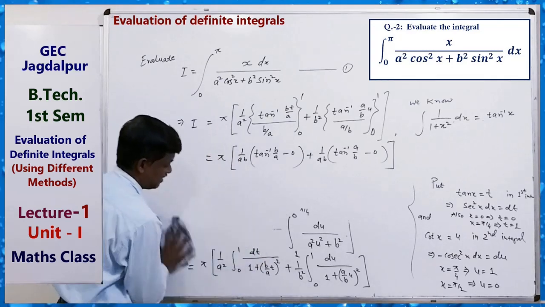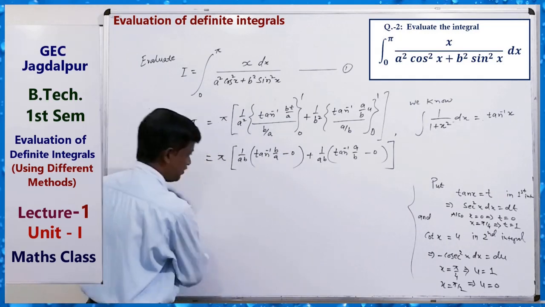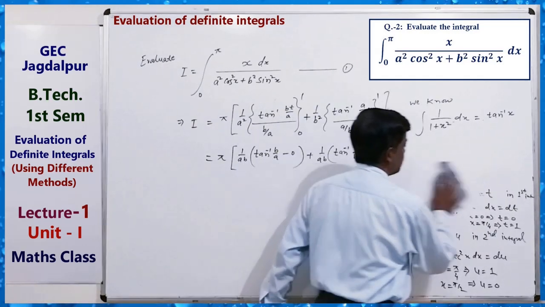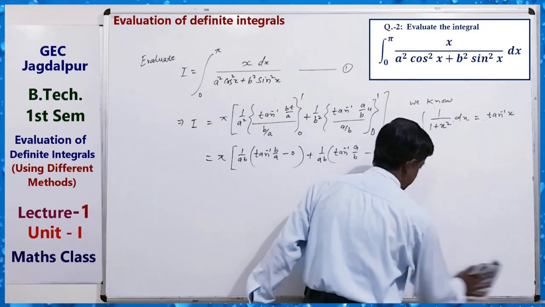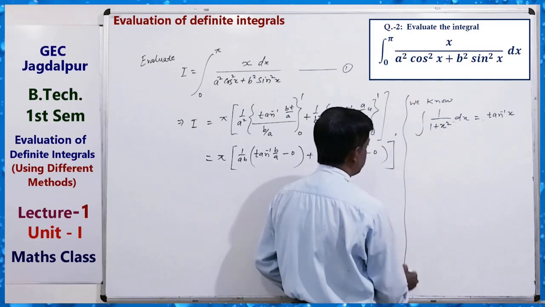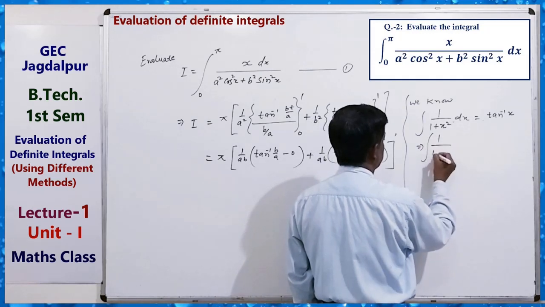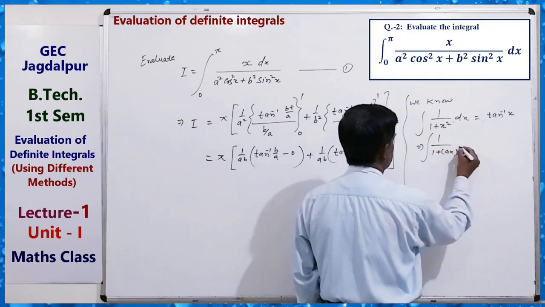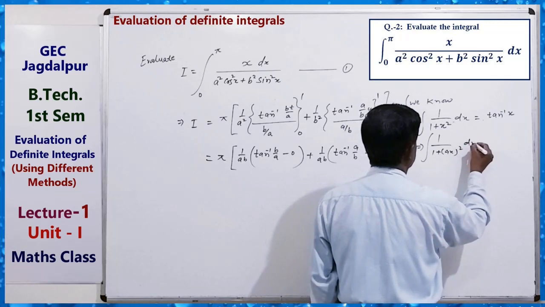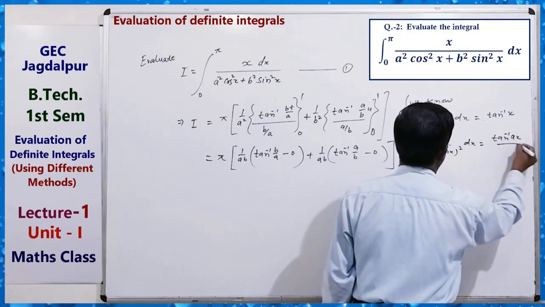Now we can find its value by using the formula: the integration of 1 upon 1 plus a x square is tan inverse ax by a.